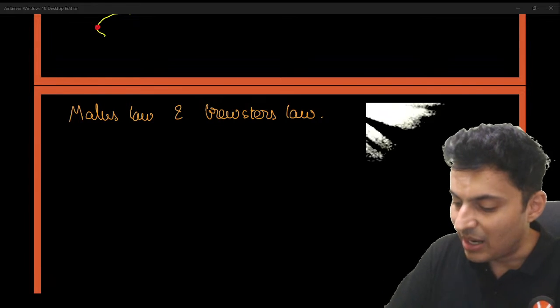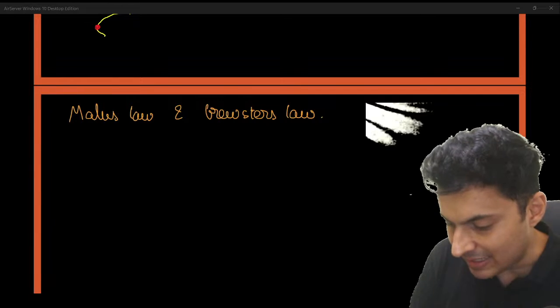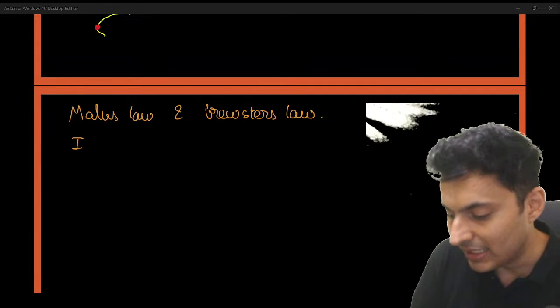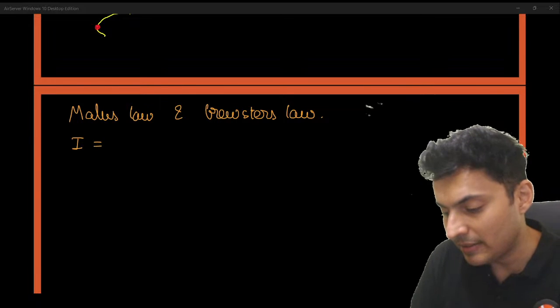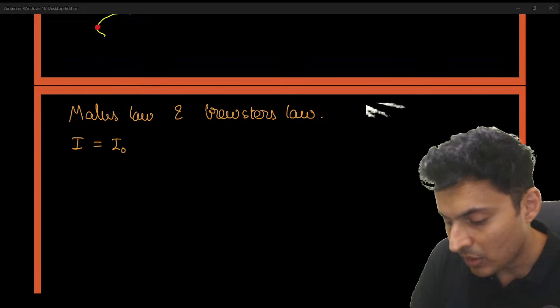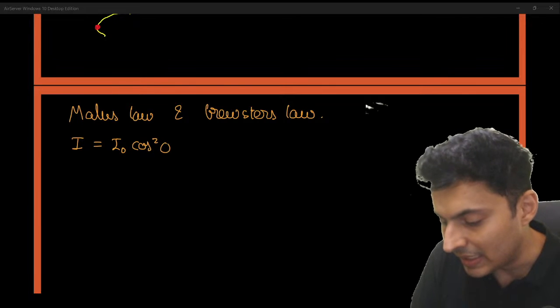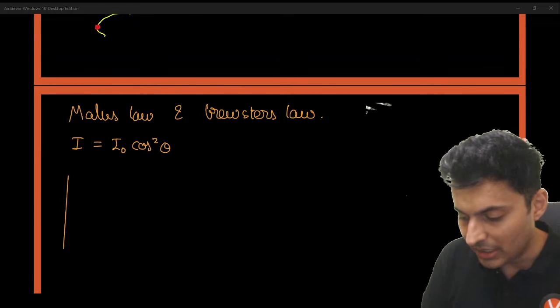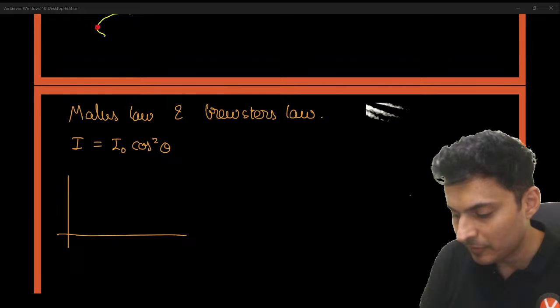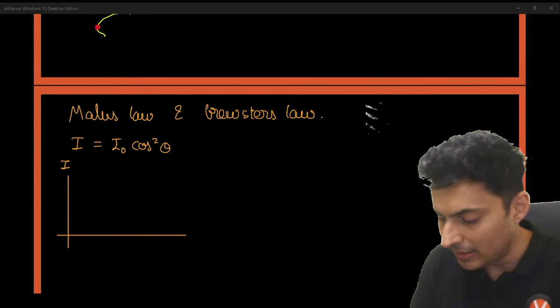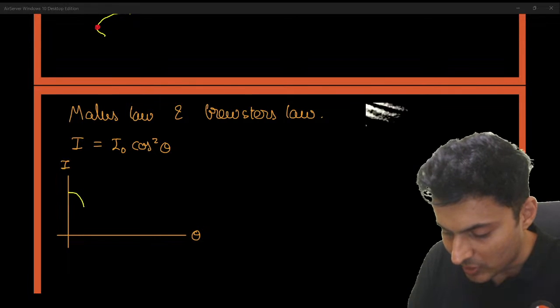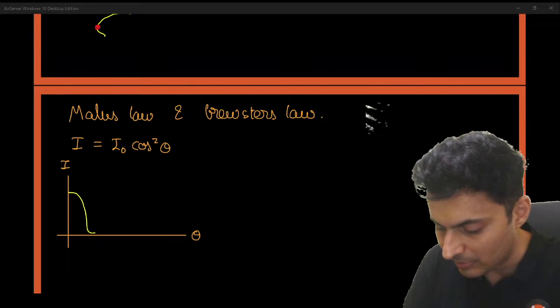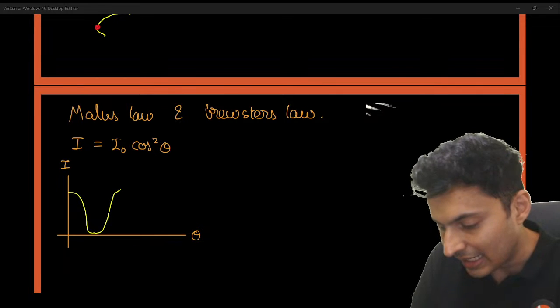Remember, Malus's law is nothing but the intensity of the light after the polarizer is I naught cos square theta. So it will be a cos square graph. Intensity of light versus theta will be a cos square graph, and cos square graph will never be negative. Please remember, it's square, so it will be like this.